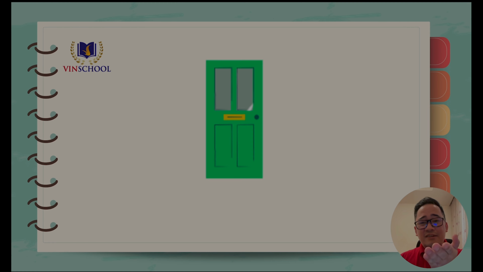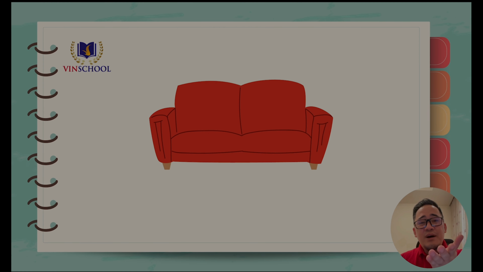What color is the door? It is a green door. What color is the sofa? It is red. It's a red sofa.